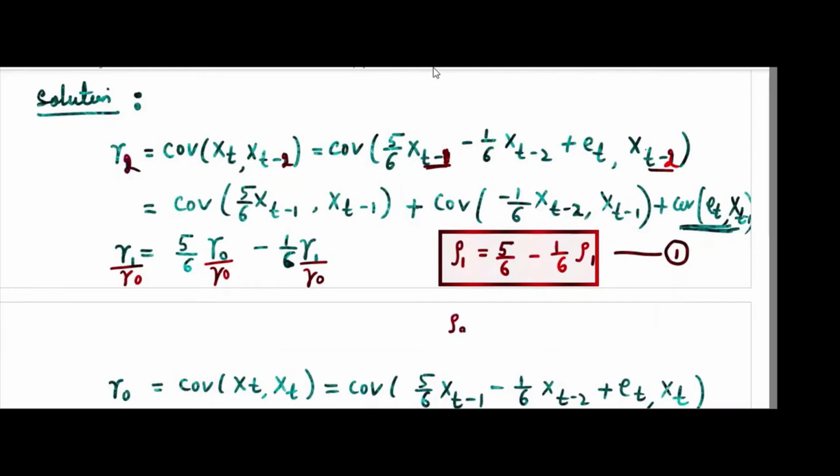So rho 2 is equal to, the first one is t minus 1, t minus 2, that is lag 1. So 5 upon 6 gamma 1, and you have to divide. So you will get rho 1 minus, from the second one, they are the same, gamma naught, minus 1 upon 6 gamma naught. When you divide by gamma naught, it will be 1. This is the second equation.